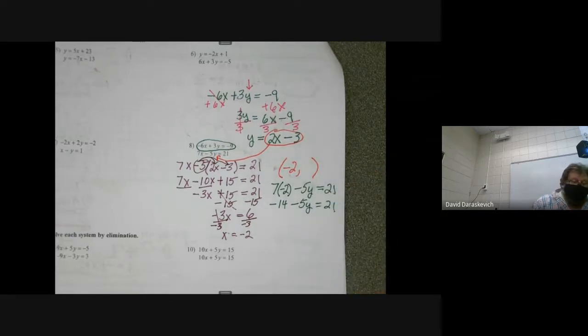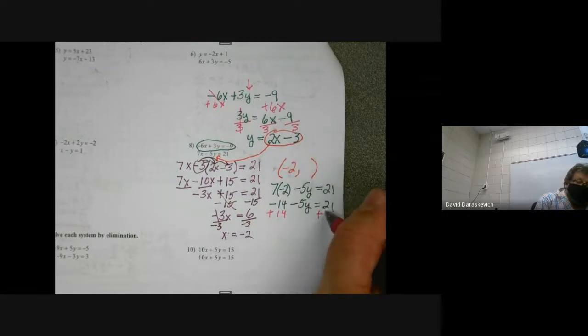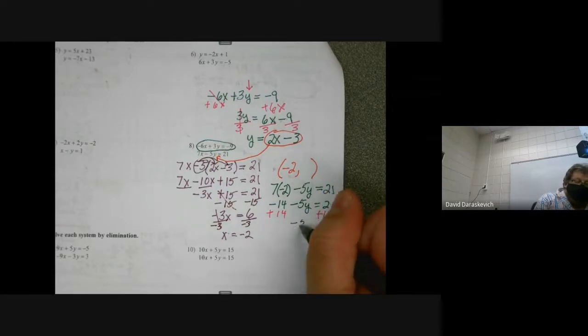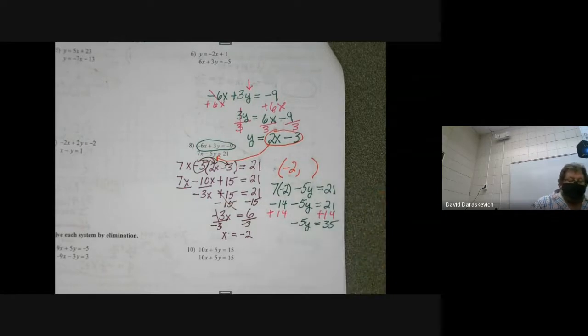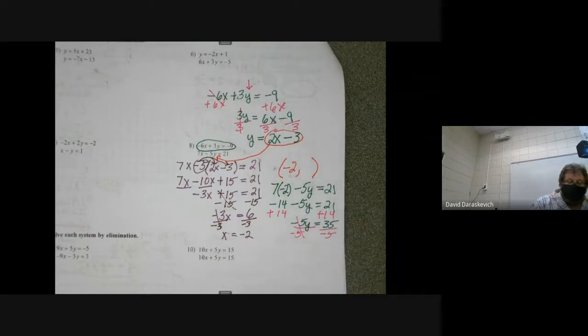I'm going to add 14 to both sides. I get negative 5y equals 35, divided by -5, and y equals -7.